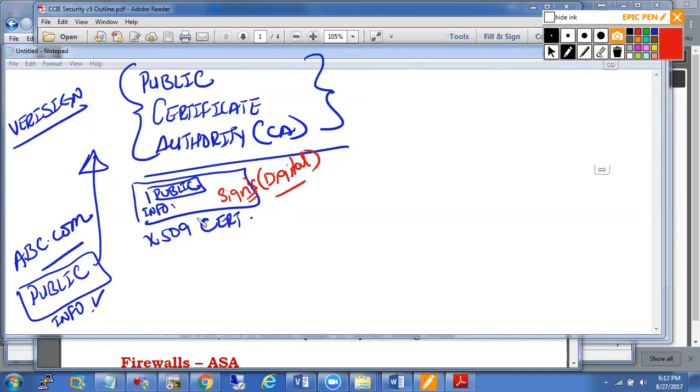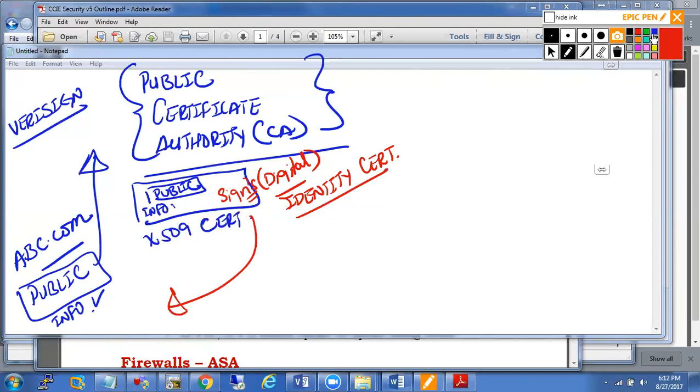This small little ID. This ID is known as the identity certificate. And once this identity certificate has been signed by the public certificate authority, he will send it back to you with your public key, your information, and the CA's information in that certificate. Now you have your identity certificate, right?